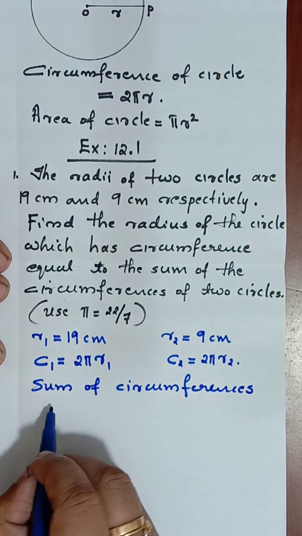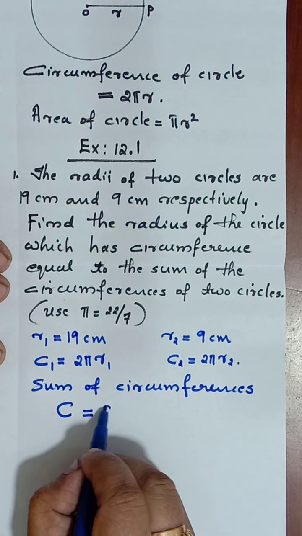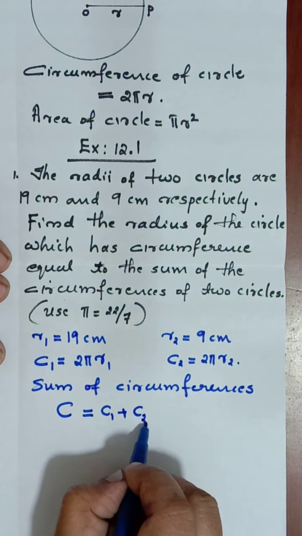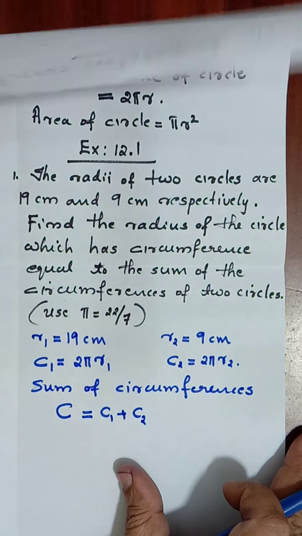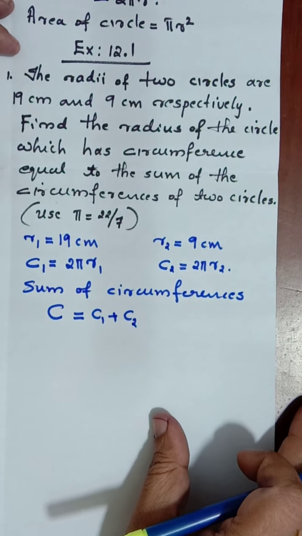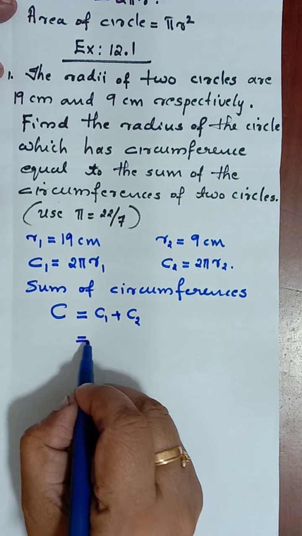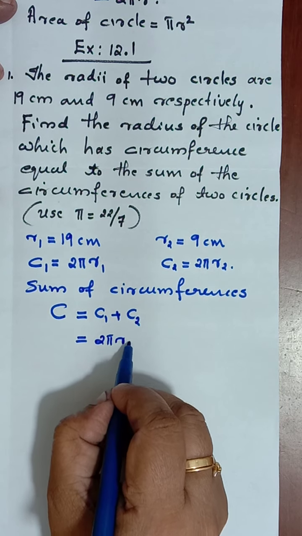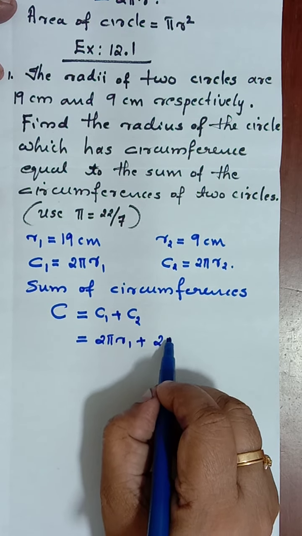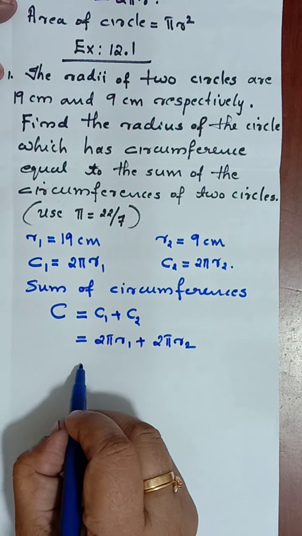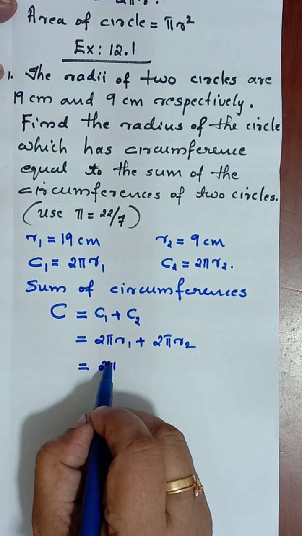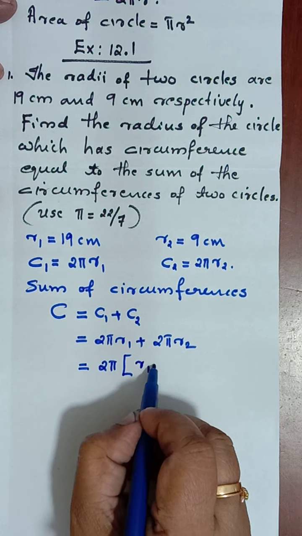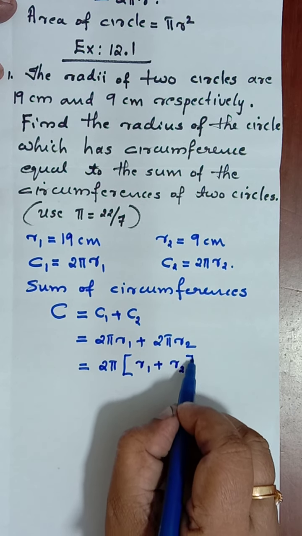Sum of circumferences, let me call it as C, that is equal to C1 plus C2 we can take. What is C1 and C2 we have to substitute. What is C1? It is 2 pi R1 plus 2 pi R2. 2 pi is common, you can take out inside R1 plus R2.